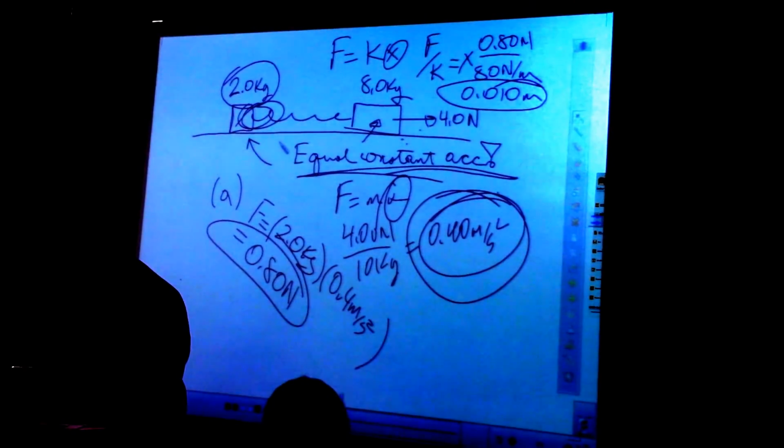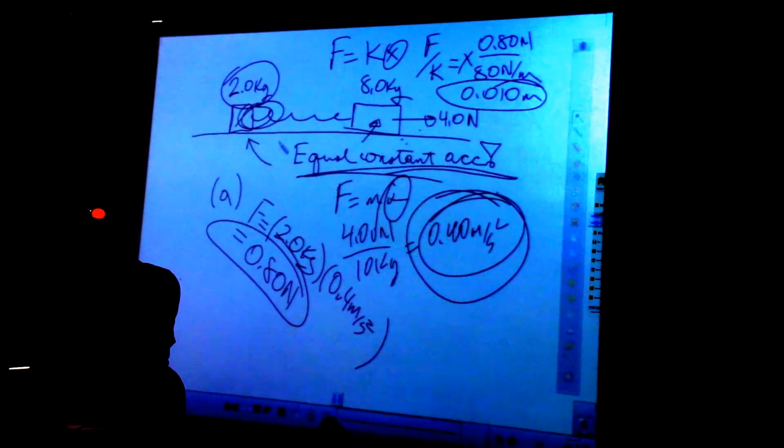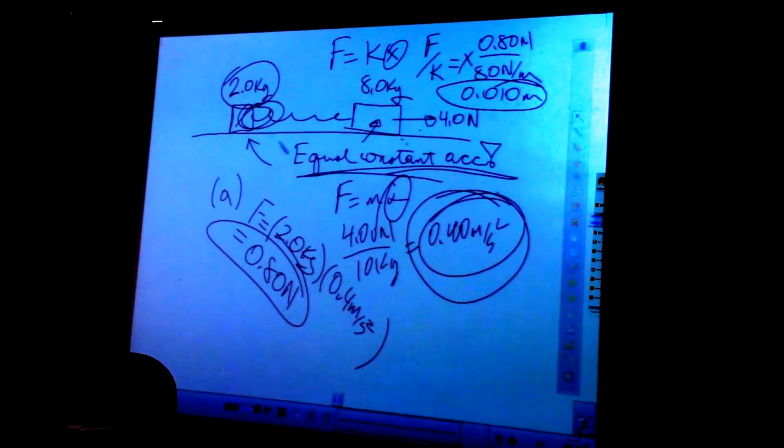Oh yeah, I guess if you didn't work it as a system, yeah. So it's going to have the same acceleration because it's still 4 newtons, and it's still undergoing equal acceleration. So it's still going to be the same. Now, is the amount the spring is stretched less than, greater than, or equal to before?